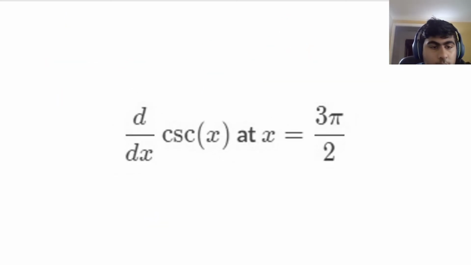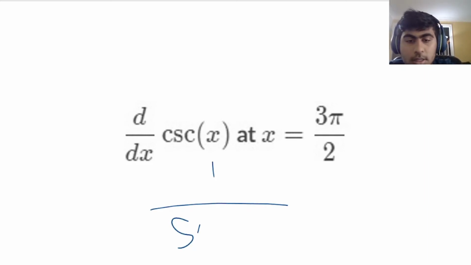All right, now we're asked to find the derivative of the cosecant of x at x equals 3 pi over 2. All right. Now I can just split this up into 1 over sine x, right?